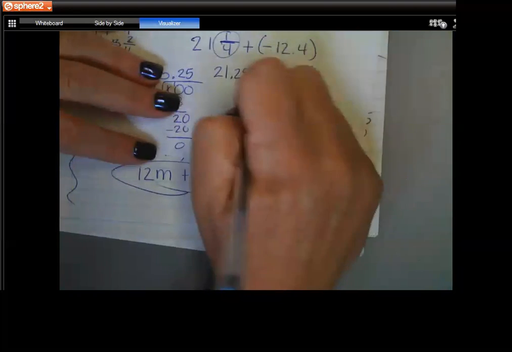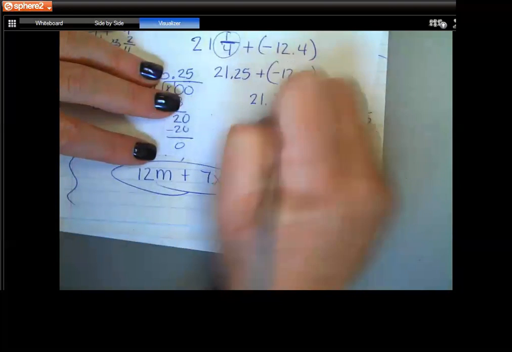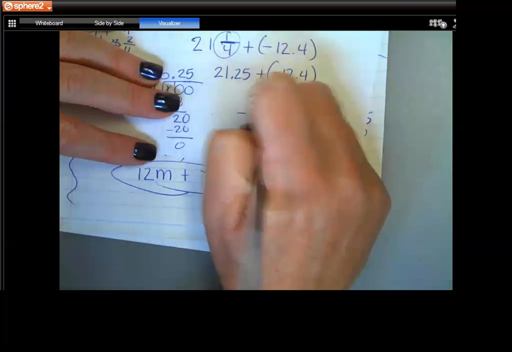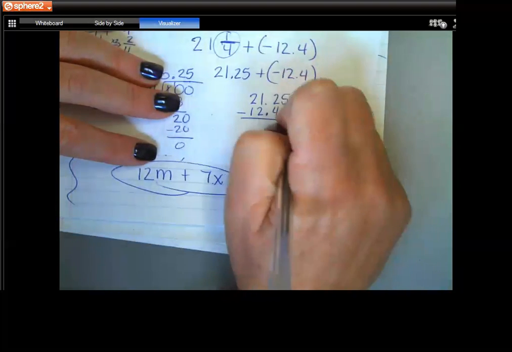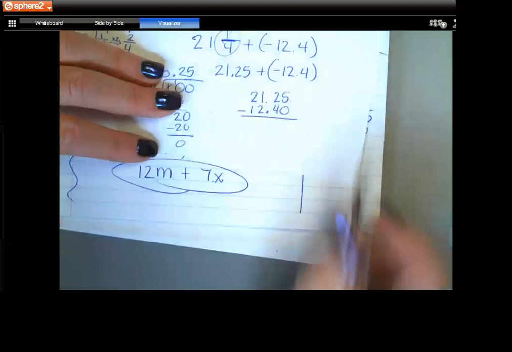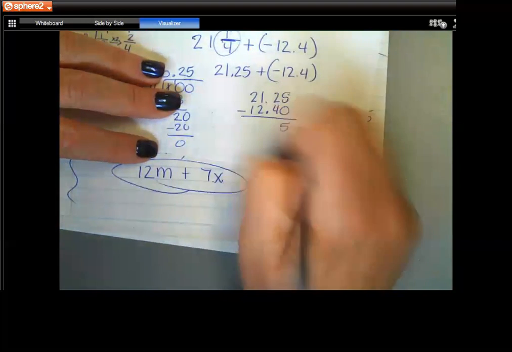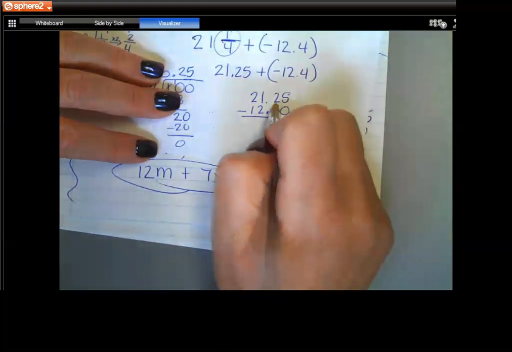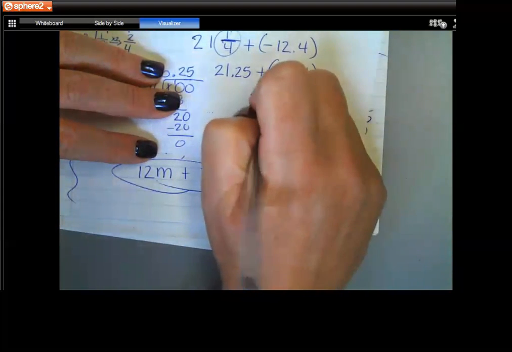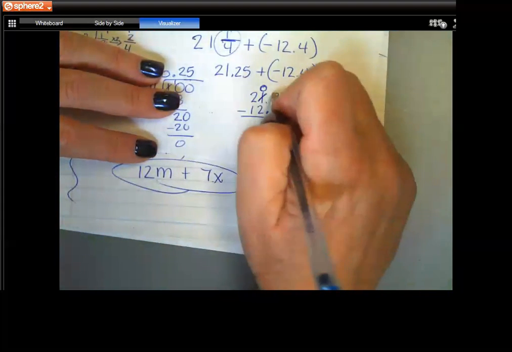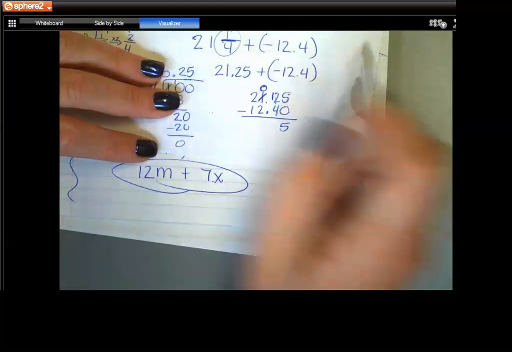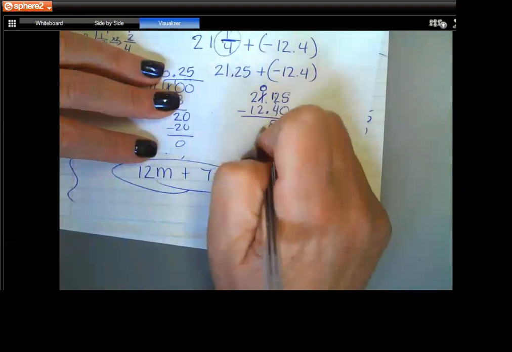So we're going to line up the dot and give it all we got. Okay, so add a placeholder of 0. 5 minus 0 is 5. I can't take 4 from 2, so I borrow from this 1, which makes it a 0. And this becomes 12. 12 minus 4 is 8. Bring down the decimal point.